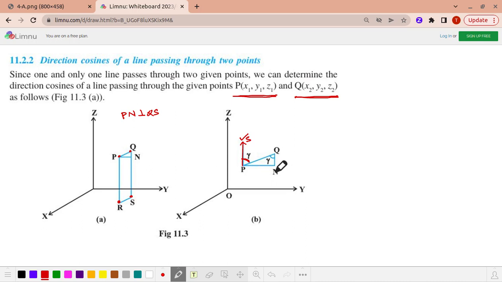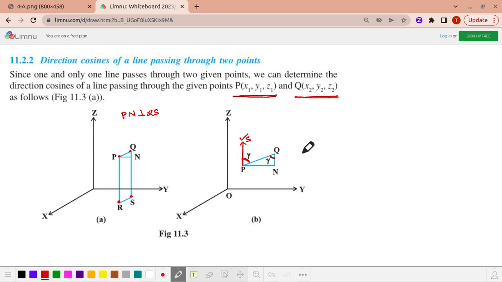Because we have already discussed that N is the perpendicular drawn from point P to QS. So obviously this angle should also be gamma, because PS and QN are parallel and PQ is the transversal. Go back to your fundamentals of mathematics of class 9, 10 standard and you will see this angle and this angle are equal.